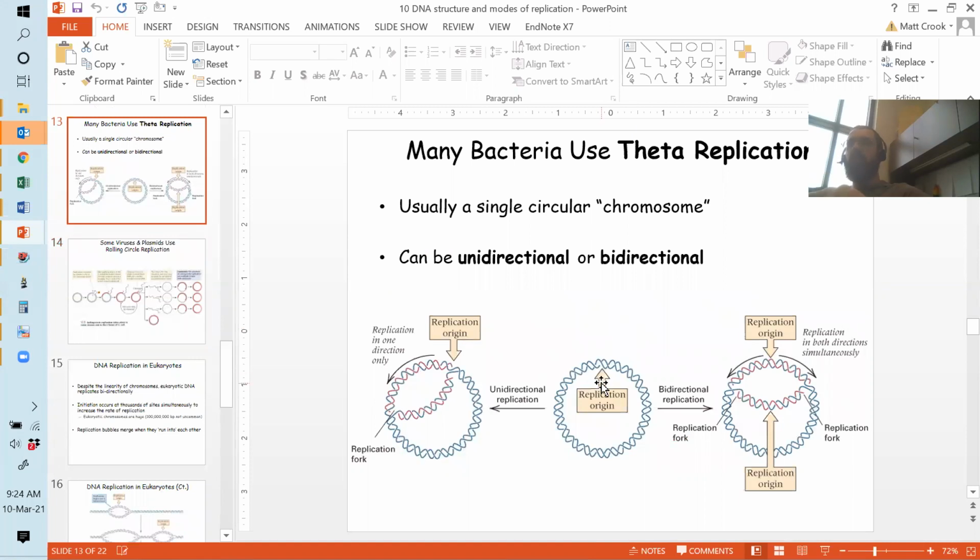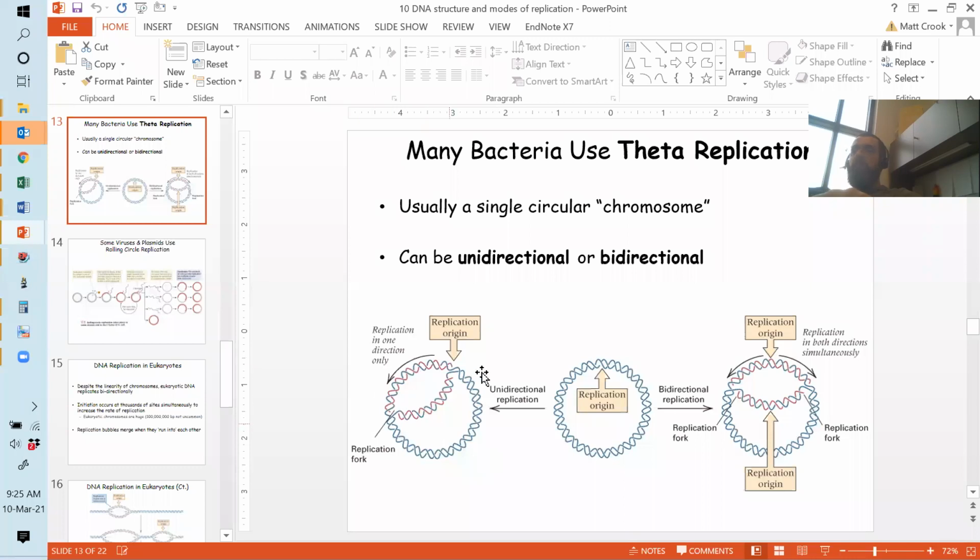So we have, again, a replication origin or ORI, which we'll see later. Both uni and bidirectional produce the same shape. They produce the same outcome, really. The difference is the speed.